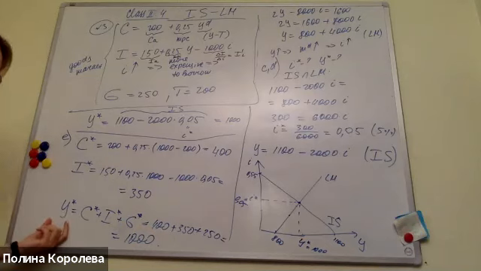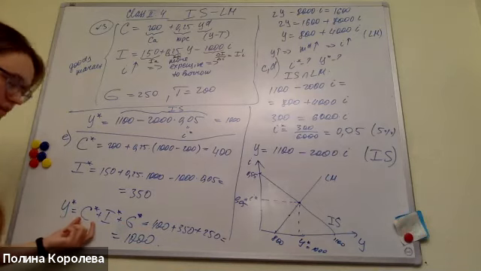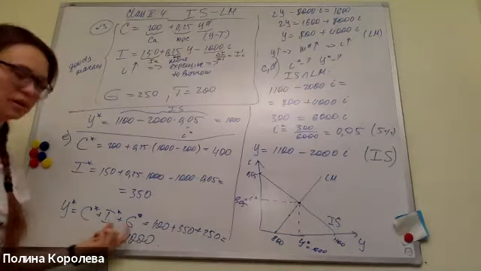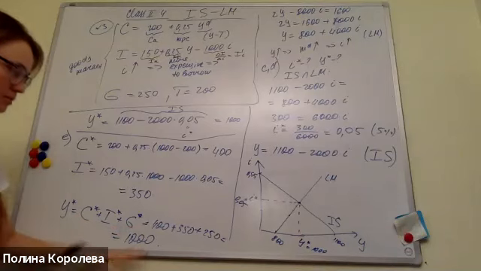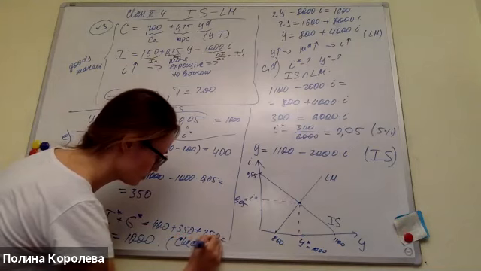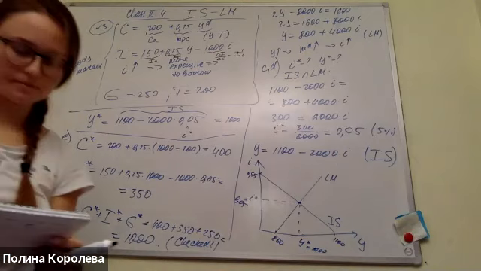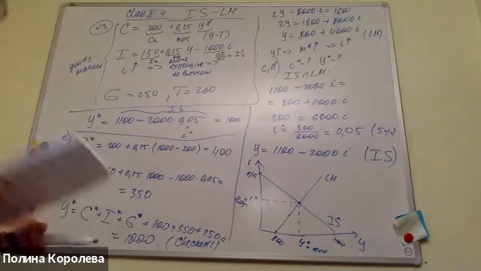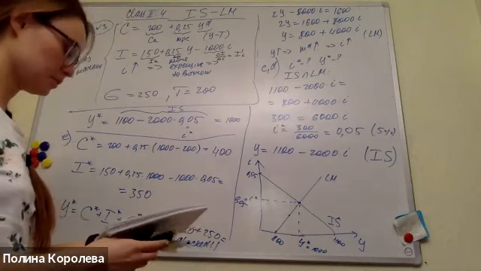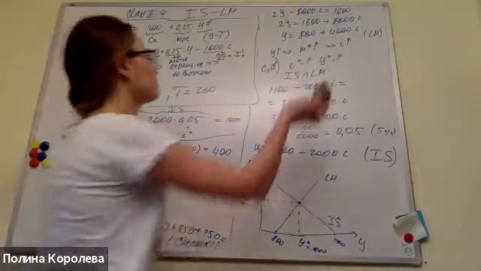So equilibrium output, equilibrium income, aggregate output, aggregate income consists of the equilibrium spending of all economic agents. Yes, we checked it. Okay, that's right, checked. So next, F. In point F, we will talk about stimulating monetary policy.